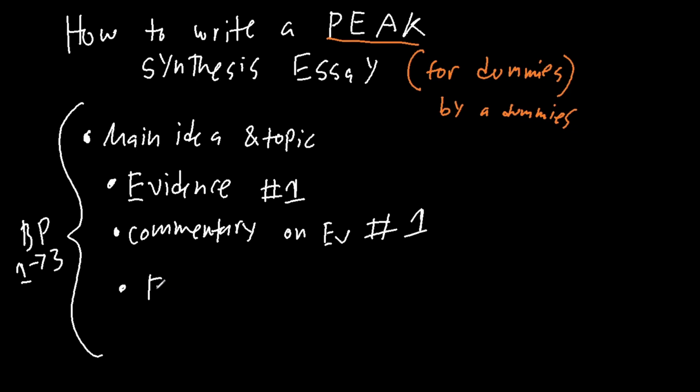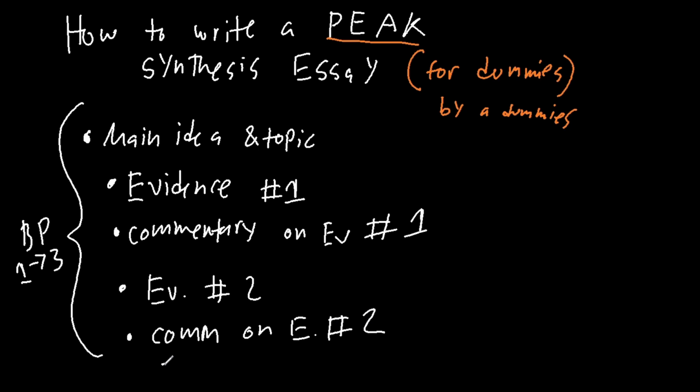Once you have that, you have evidence number 2, and finally commentary on evidence number 2. And then you have your conclusion at the end, obviously. Conclude means that you're going to summarize everything. So these are the pieces that you need to have.